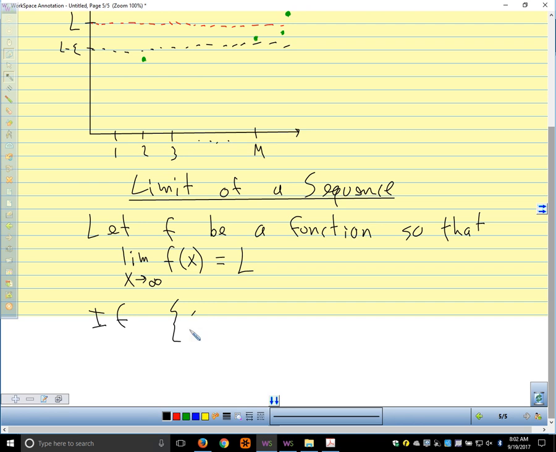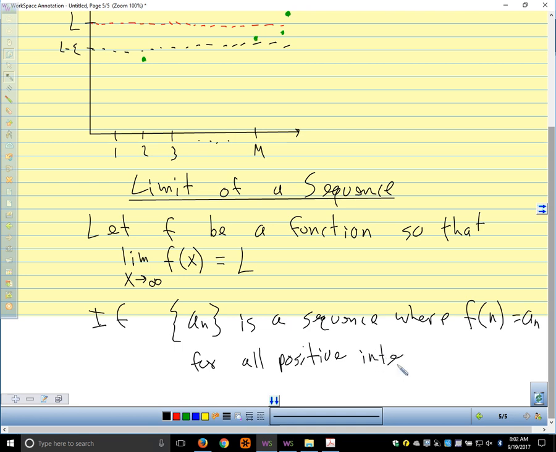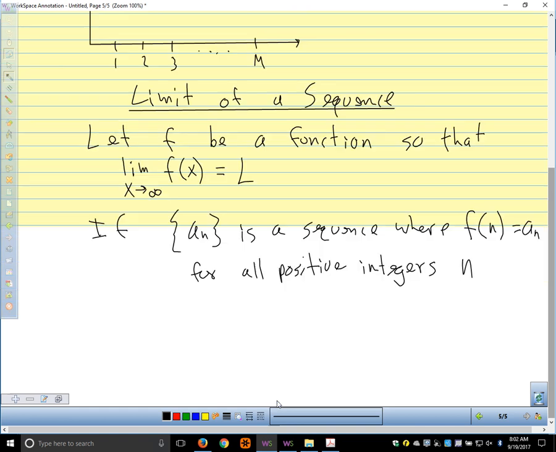I'm going to say if we have this sequence a sub n where f of n equals a sub n, so for our positive integers, the terms of the sequence equal the function value, then we can say the limit as n approaches infinity of a sub n equals L. So we just associate the terms of our sequence with a function, the function that explicitly defines our terms, and then we can use everything we know about limits of functions to find the limits of sequences.